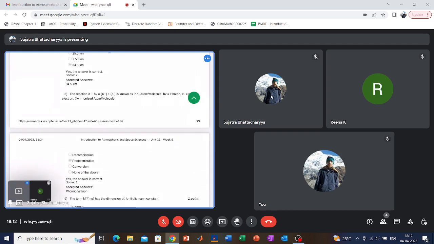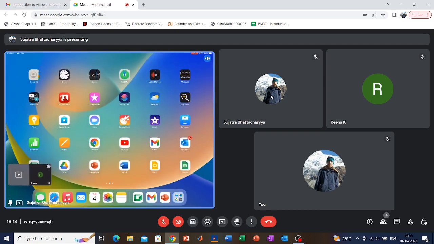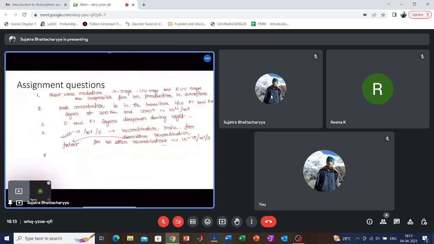Because H nu is the photon which is reacting with the atom or the molecule to form ions. Therefore, the correct option is photoionization. So for 8, photoionization is the correct option. And its reaction is of the order that X plus H nu will give some ions and electrons. This is the photon.